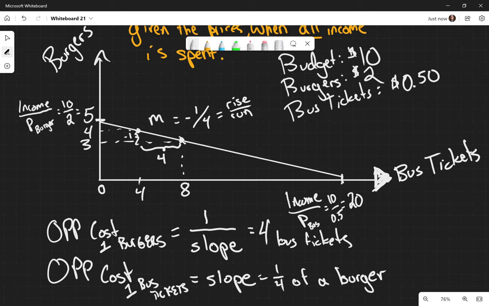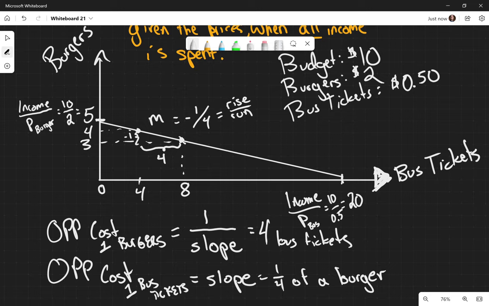So opportunity cost is what you're giving up, and the important thing to also keep in mind is it's the next best thing that you're giving up. So when we start to talk more about consumer choices, there may be some questions that say, you have the option to go to class, go to a concert, or go to a movie. What's the opportunity cost of going to the class?